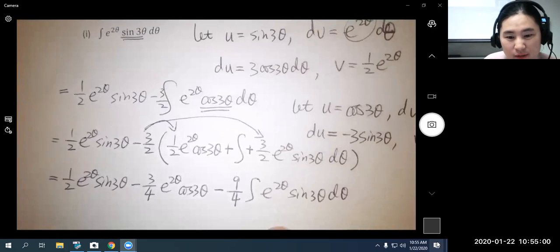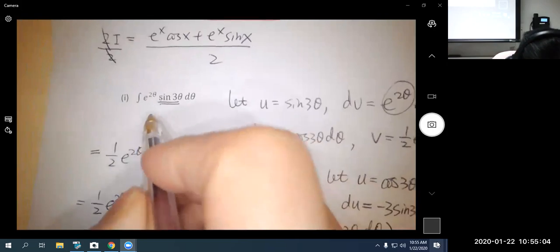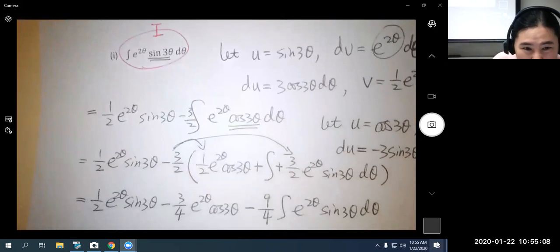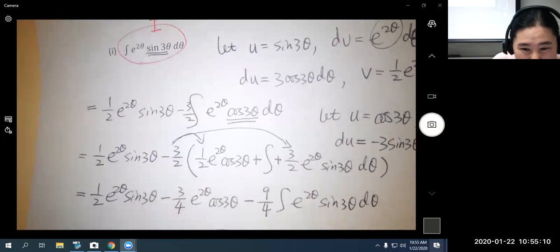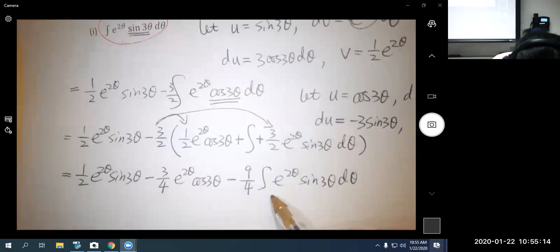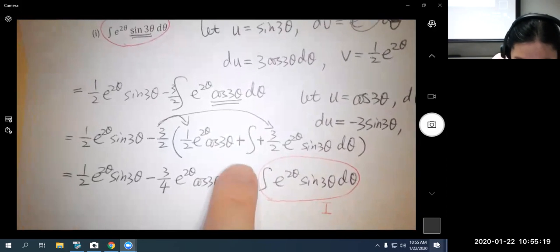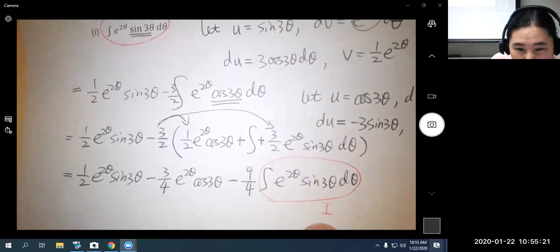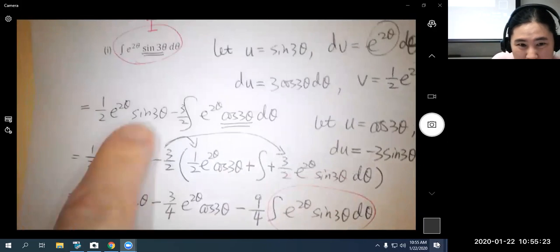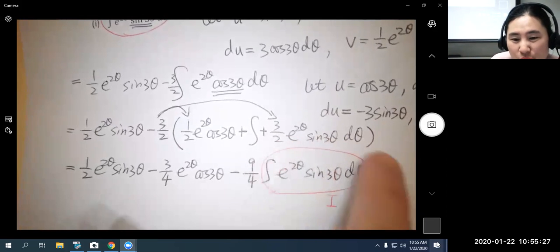So this integral and the original integral, we can let it be I. So I equals all of this, minus 9/4 times I. We want to solve for I. What should we do?